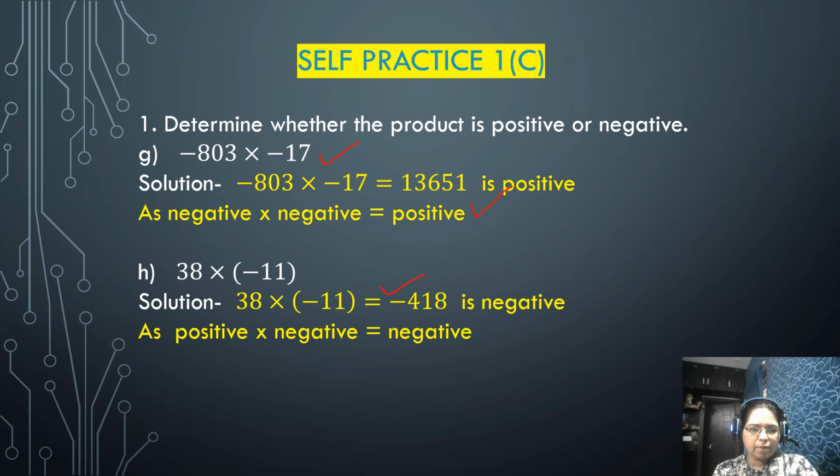Multiply 38 with 11. We can multiply 38 with 11 using mental multiplication. Just write down 3 and 8, and between 3 and 8 add these digits, that is tens place digit and unit place digit. 3 plus 8. Write down 3, and 3 plus 8 is 11, and write down unit place digit 8.